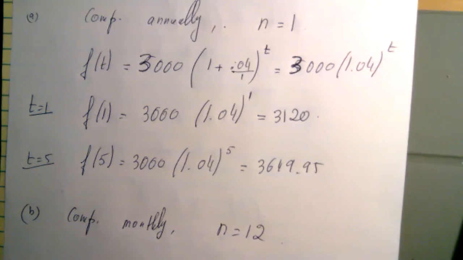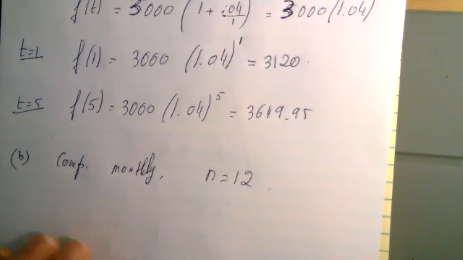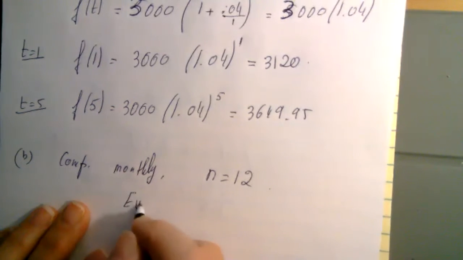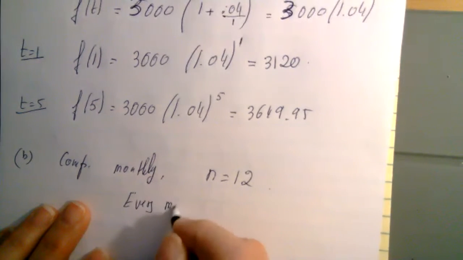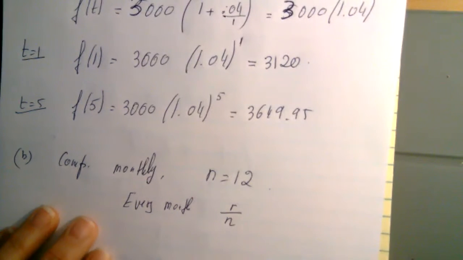Every month they're going to pay you interest on your money. Of course, they're not going to give you 4% every month, that's impossible. But they give you interest every month. R over N, that's how much interest they give you every month.